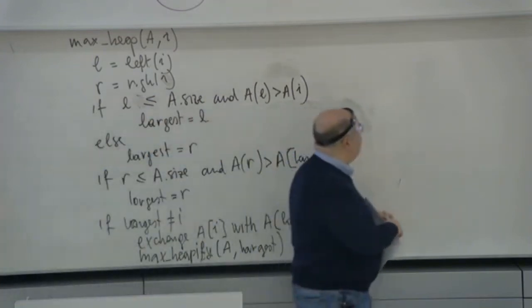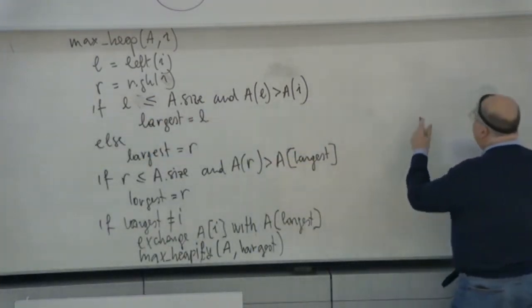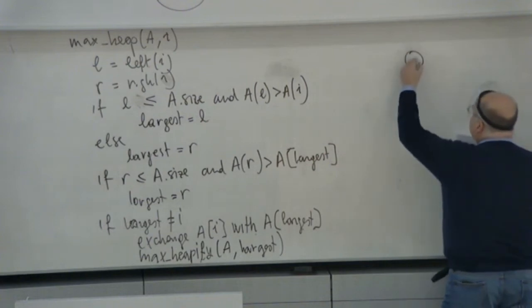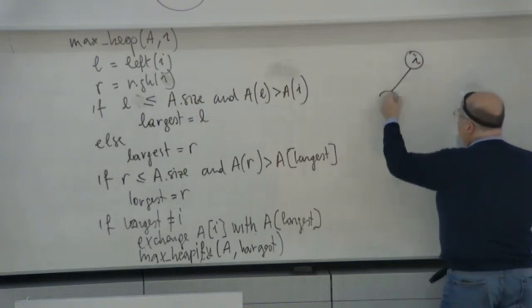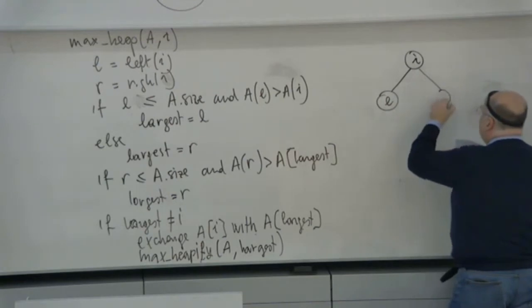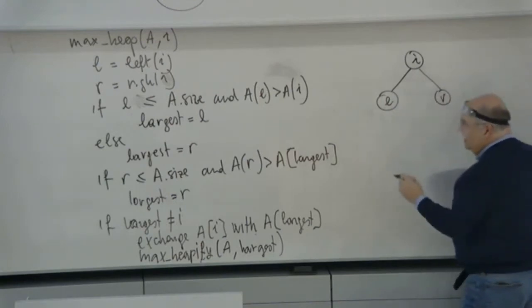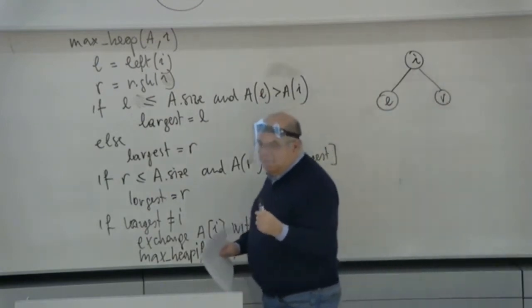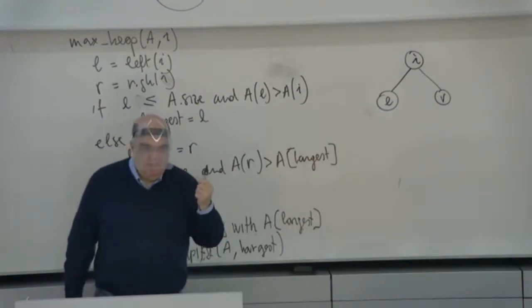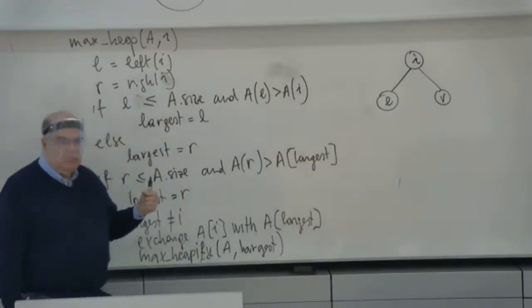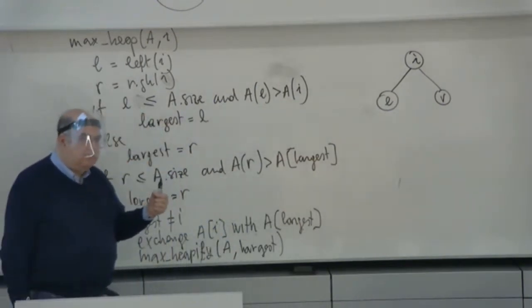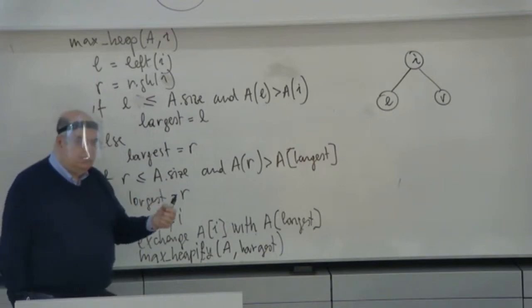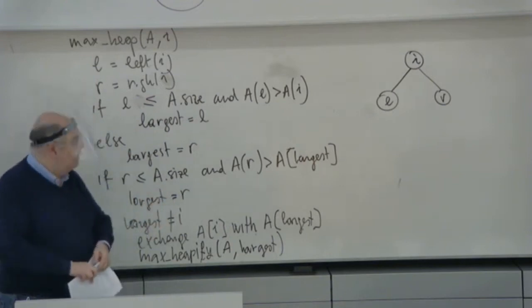Okay, so let's say in theory, this is I, this is L, and this is R, I mean, as the indexes. The first thing we are doing is making sure that the max heap property is true.